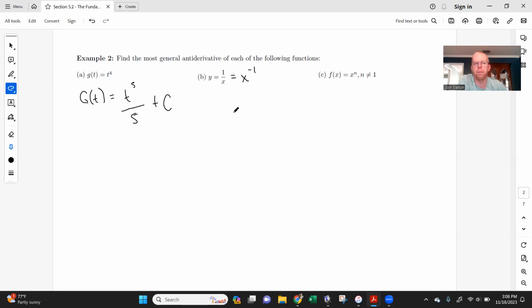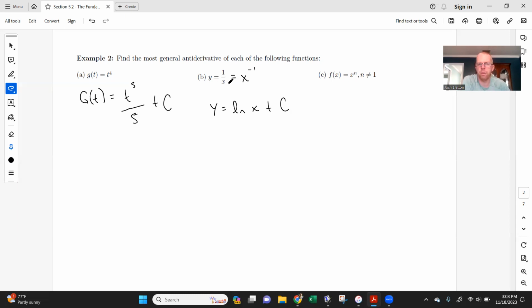So the antiderivative of 1 over x is, and let's call it capital Y, just keep going with that. Capital Y would be the antiderivative, ln of x plus c. Now, one thing, as long as we're getting a general antiderivative, what's the domain of this function?